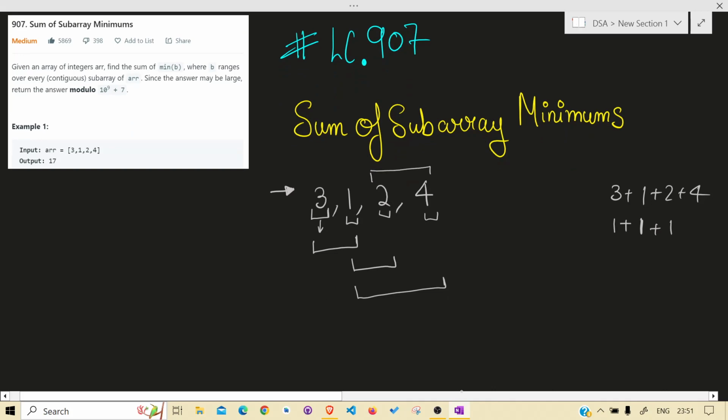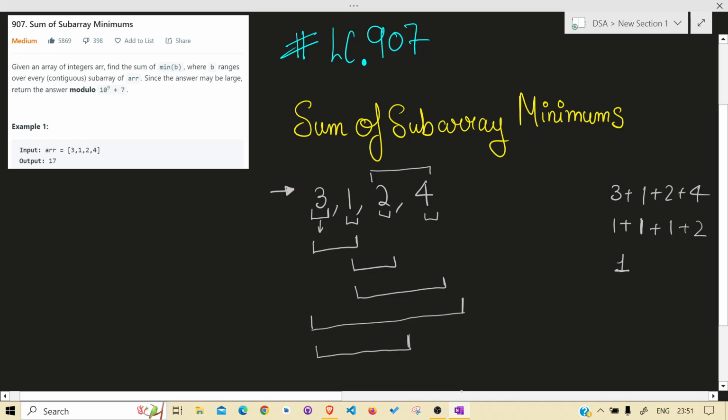What is the minimum? Even when we take the whole thing, the minimum is still 1. Even in 3, 1, 2, what is the minimum? Still 1.